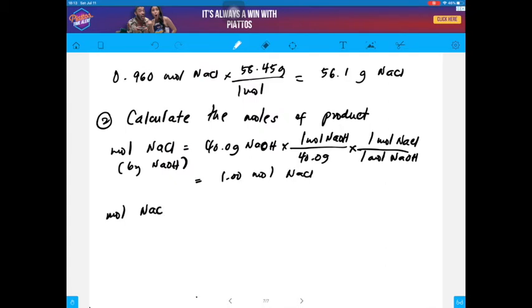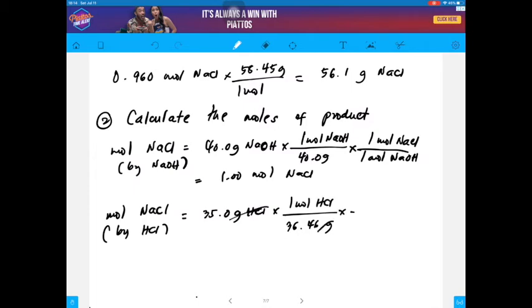Next, calculate the same amount of product using the amount of hydrochloric acid that is given. The amount given is 35 grams of hydrochloric acid, and by using the molar mass, we can calculate the moles of hydrochloric acid present, cancelling out the units, and relate it to the moles of sodium chloride using the mole ratio. The final answer will then be 0.96 moles of sodium chloride.